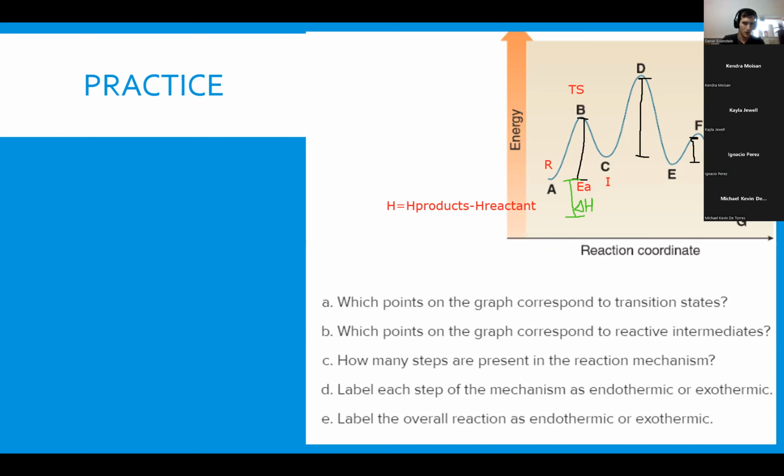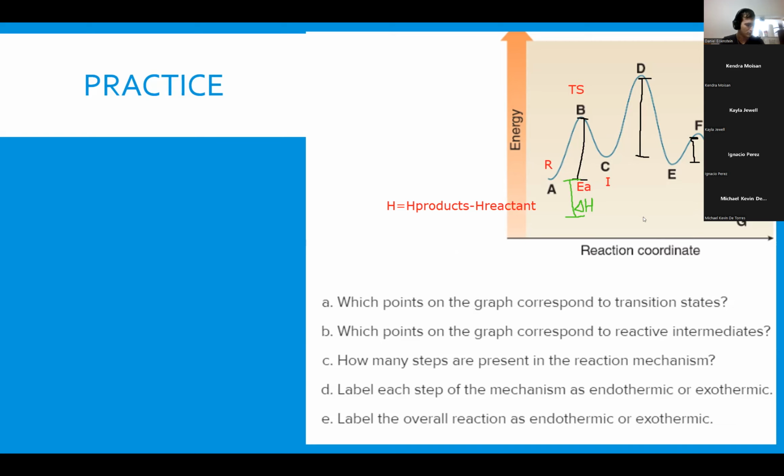Okay, awesome. How many steps are there in the energy diagram? You can tell whether it's exo or endothermic by looking at the reactants energy level and the products energy level and then comparing them.